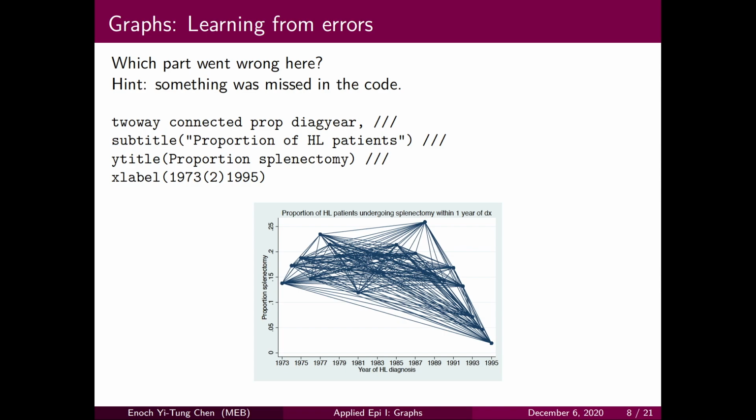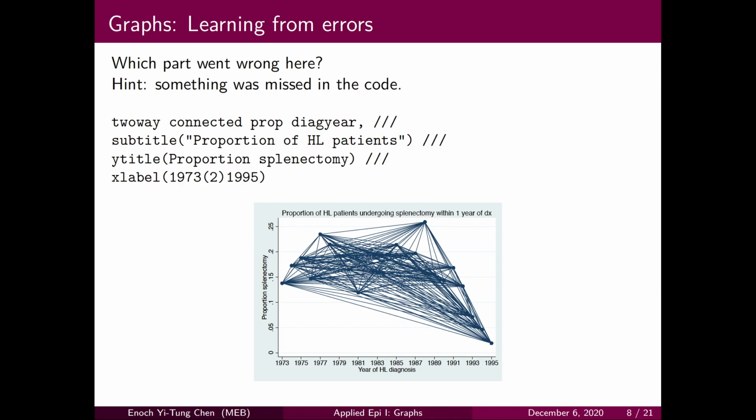And another example we can learn from, this is a project I'm working on. This graph should show the proportion of Hodgkin lymphoma patients under splenectomy by year. Apparently, something went wrong in this graph below, and a hint I could give you is that something was missed in the code.